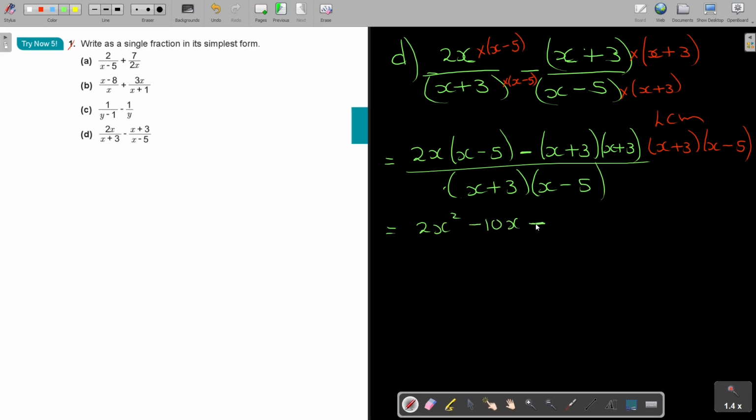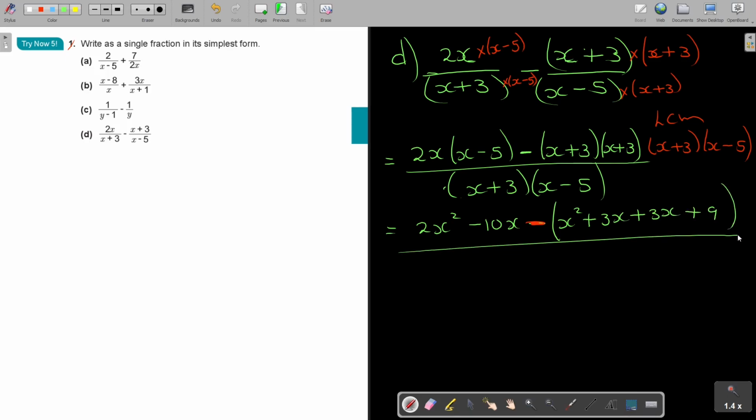Now remember, if it's a negative and I want to put it in red, then first put it in brackets. It's just to prevent making mistakes. If you're good, you can leave it out. But in the exam, you're nervous, you make unnecessary mistakes. So this is going to be x squared plus 3x, okay, plus another 3x plus 9.